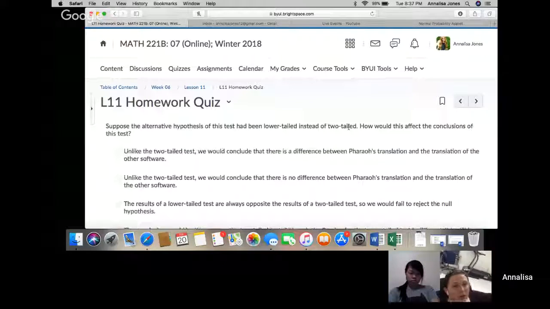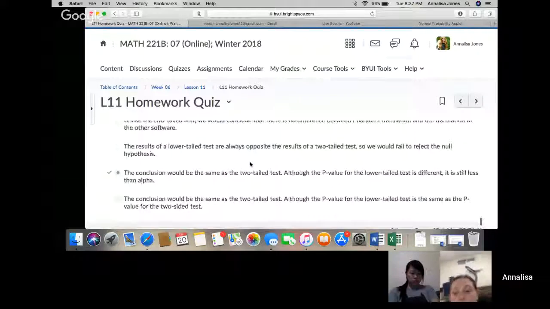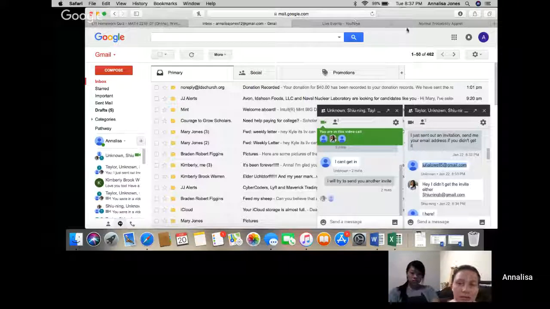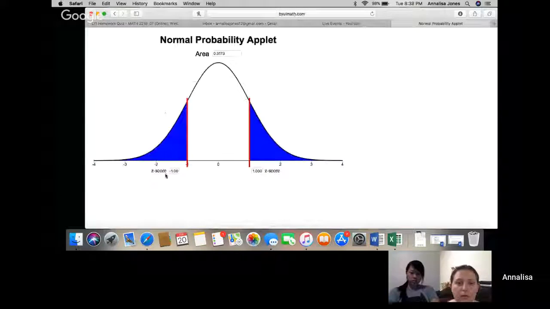Had been lower-tailed instead of two-tailed. So what I got for that was that the conclusion would be the same as a two-tailed test, although the p-value for the lower-tailed test is different. It is still less than alpha, because it's just gonna make your overall thing smaller because you're just taking half of it instead of both sides.